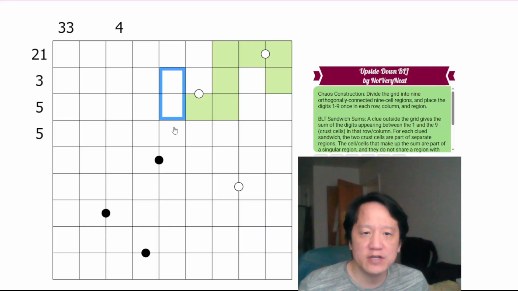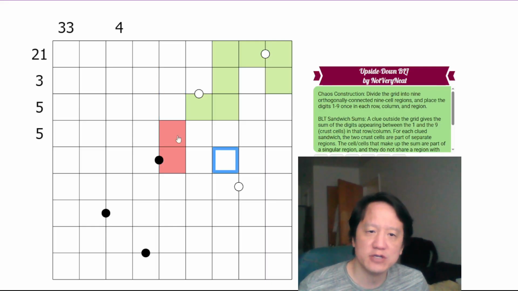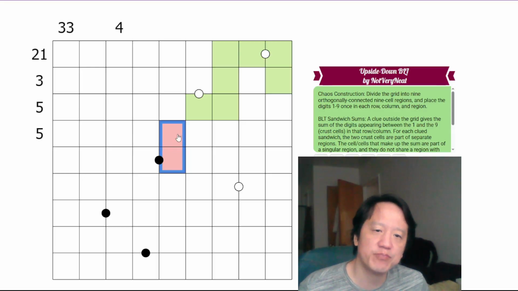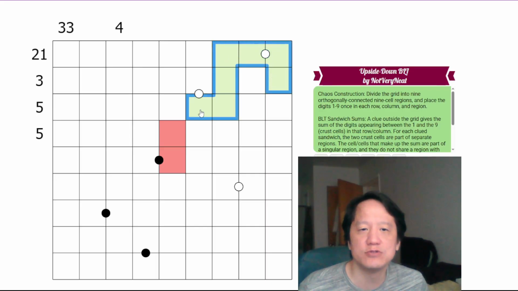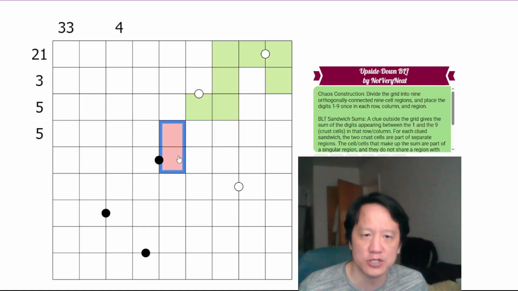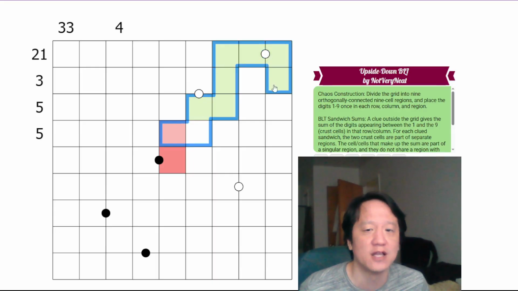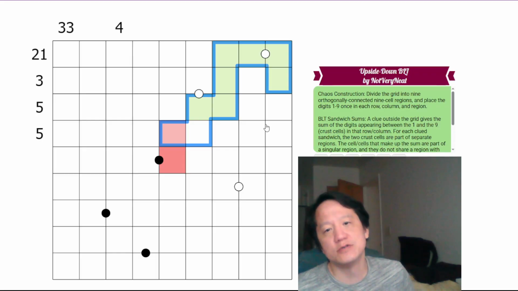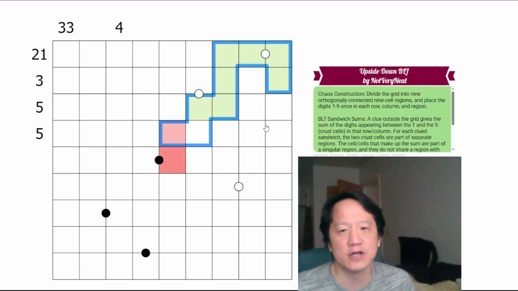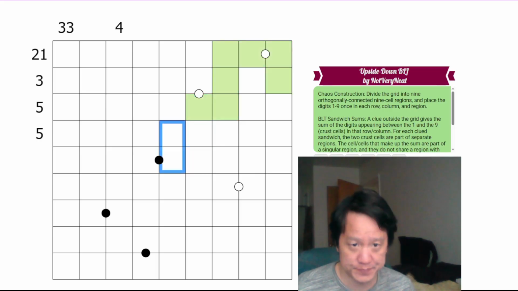While this is a valid region, this is not, because even though these two cells can get to each other by going through an edge, they cannot get to the rest of the cells in the region by going through edges while staying within the region. They'd have to go through a corner, or they'd have to exit the region by going through edges, neither of which is allowed. So that's an example of how orthogonally connected regions work.